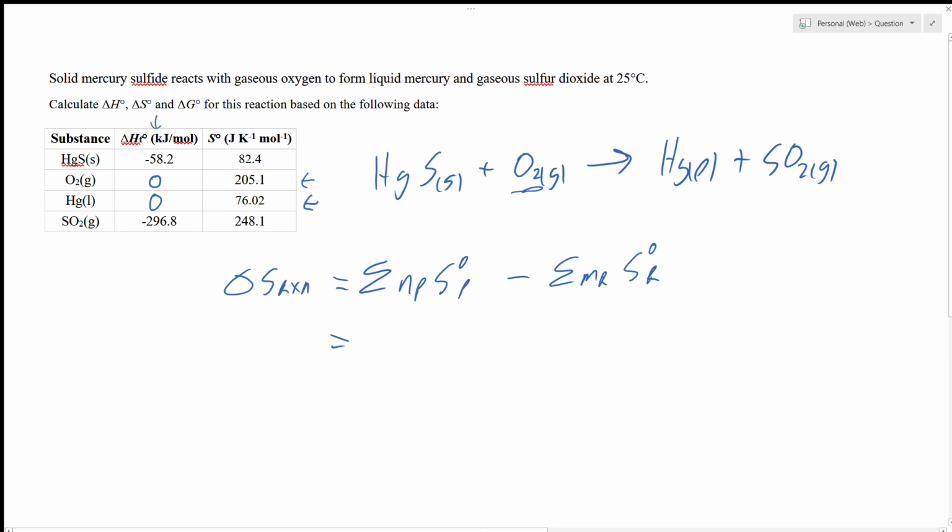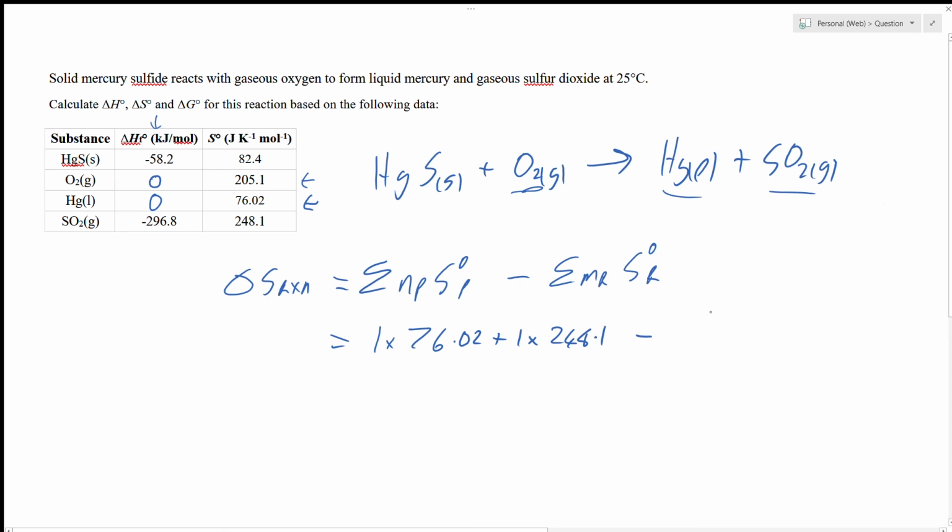So doing that, we've got 1 of each one of our products here, so it's 1 times the entropy of our mercury, which is 76.02, plus 1 times the entropy of our sulfur dioxide, which is 248.1.